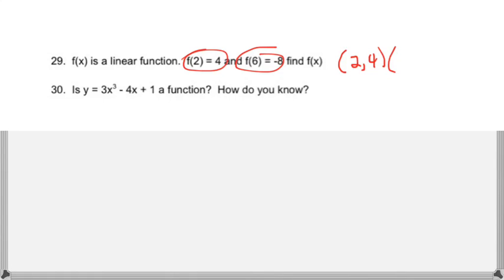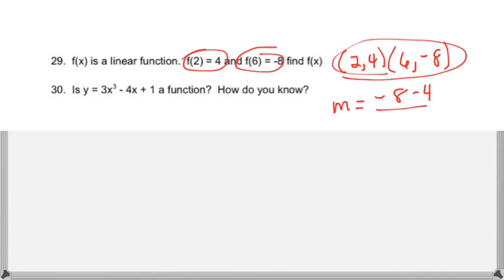And when x is 6, y is negative 8. Now we have to find the equation that goes through those 2 points. First, find your slope. Negative 8 minus 4, change in y, over 6 minus 2, change in x. Negative 12 over 4. The slope of this line, or this function, is negative 3.